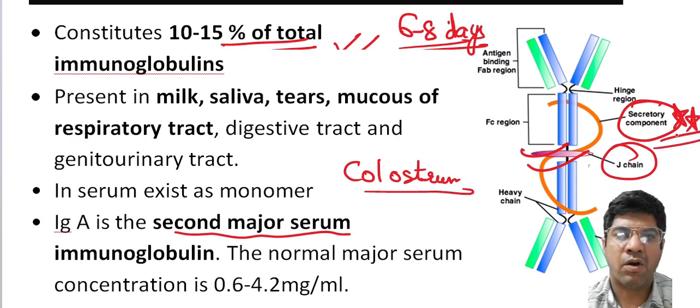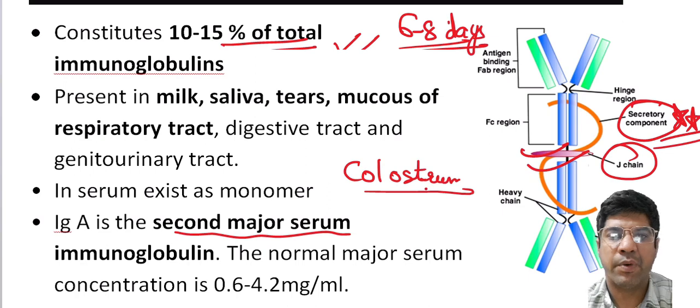The secretory component contains a glycine rich polypeptide called the secretory piece.